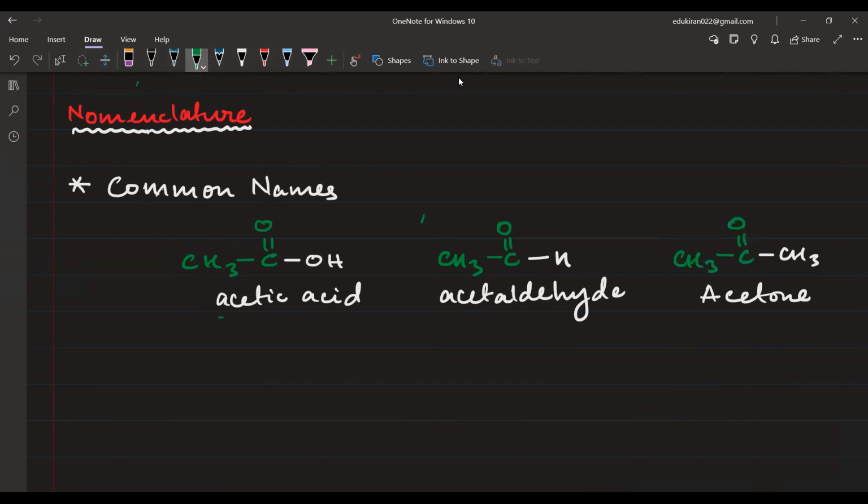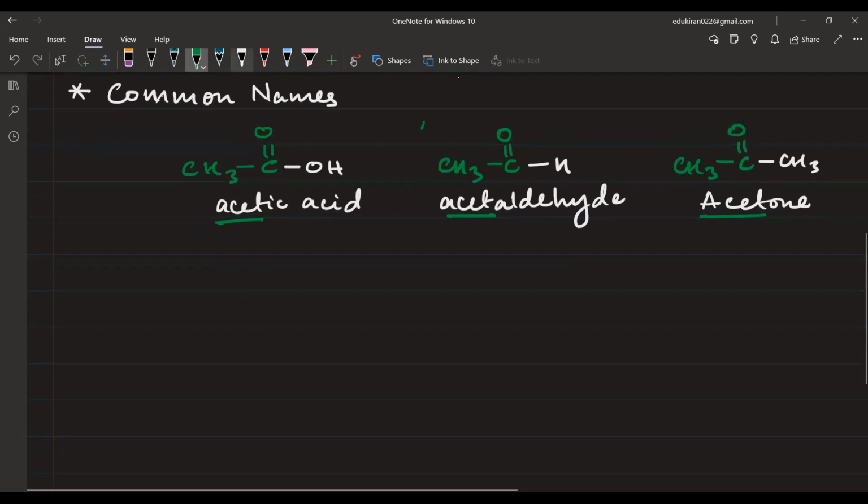All of these contain this acet fragment. If you add OH to CH3 C double bond O, it becomes acetic acid. If you add a hydrogen, that becomes acetaldehyde. If you add a CH3, it becomes acetone. Similarly, you have another which is known as form. So if you have HC double bond O, and you add an OH here, this becomes formic acid.